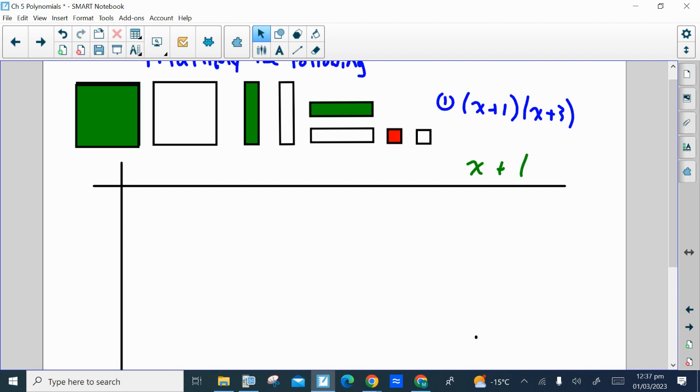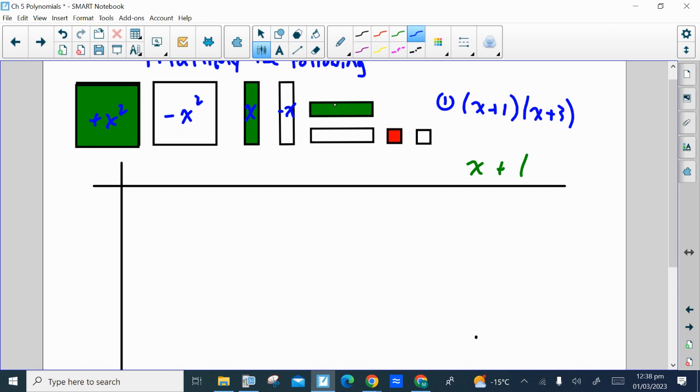The light ones, or the ones that aren't colored, represent a negative tile. Also, you might remember that the large squares represent an x squared. So this would be a positive x squared. And the one that's not colored would be a negative x squared. The tall, thin rectangular ones are x tiles. So the colored one will be a positive x. The one that's not colored would be a negative x.